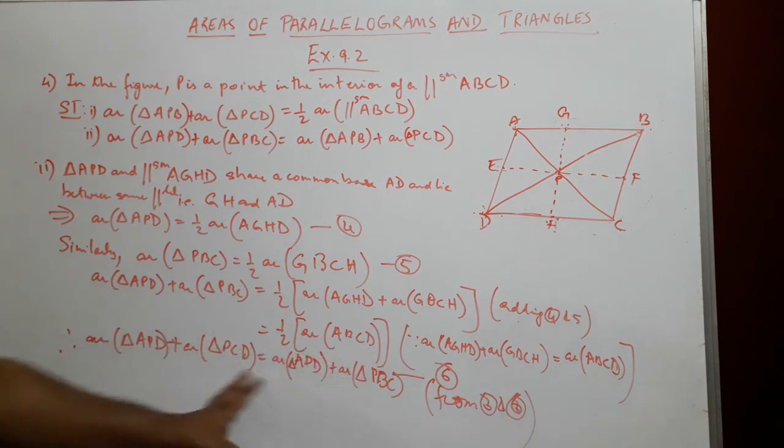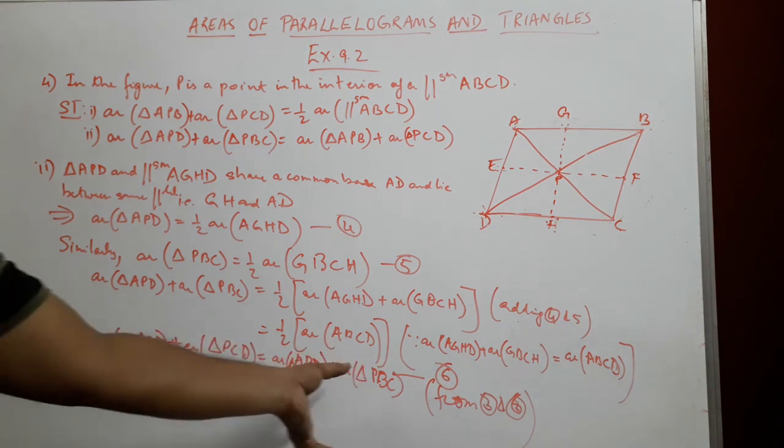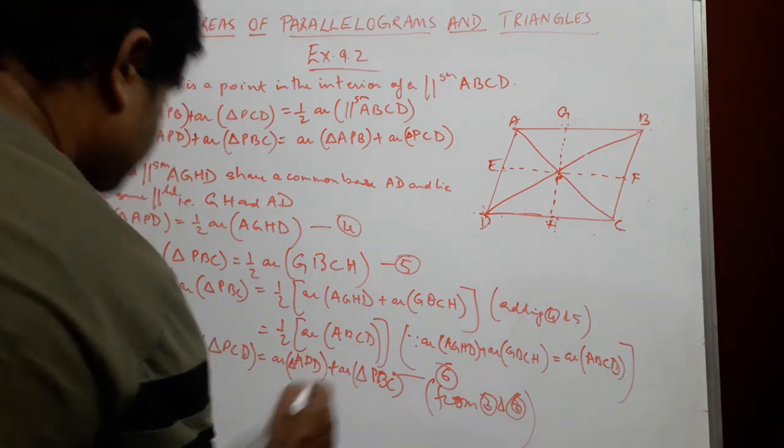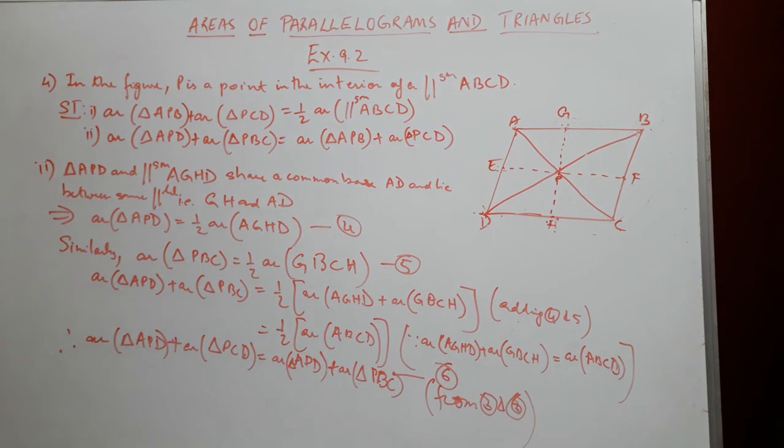Hence the sum of these two triangles is equal to the sum of these two triangles. So with this we prove the second part as well in this question.